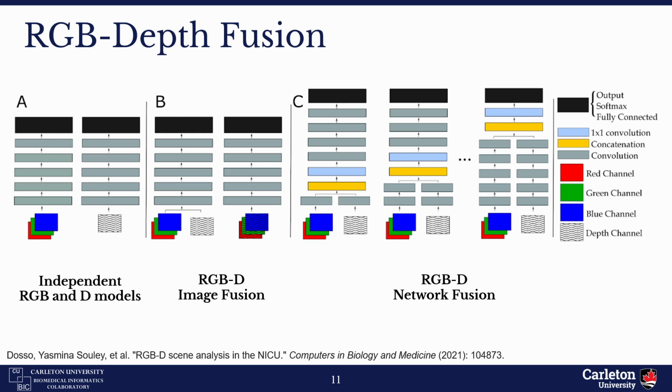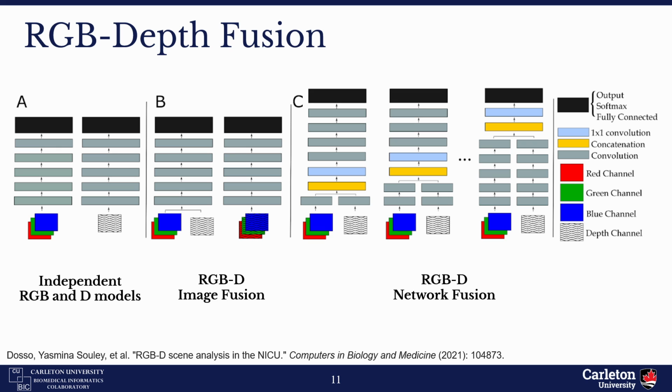To investigate the effectiveness of RGB-D fusion, we explored several fusion schemes in multiple classification tasks to analyze the NICU scene. Several deep learning models were trained where in panel A, we first independently used the RGB and depth images as input.